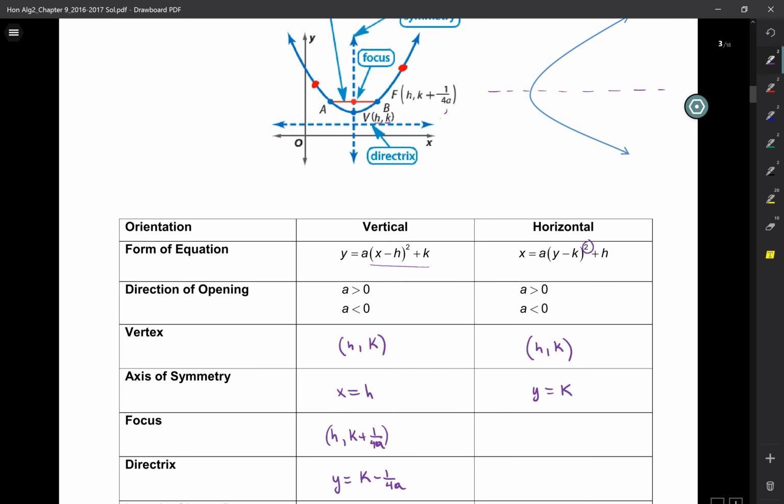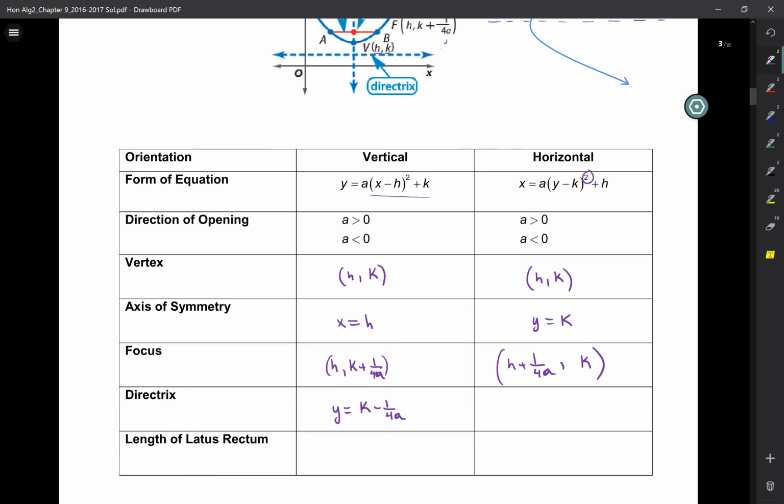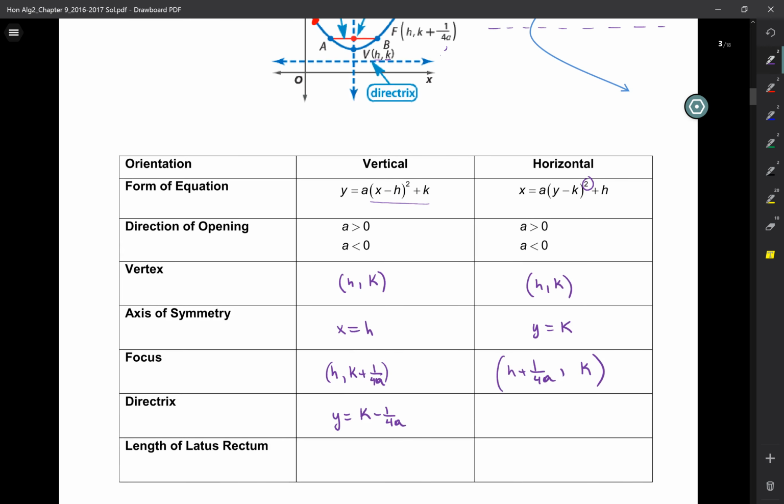Now, for the focus, am I going to go vertically or horizontally over? For this one, I'm going to go horizontally from the vertex, so I'm going to change the h value. So it'll be (h plus 1 over 4a, k).